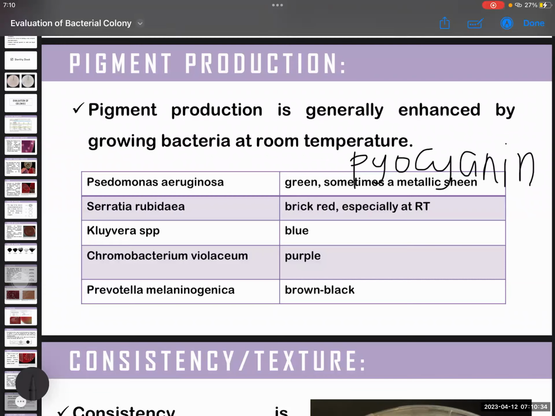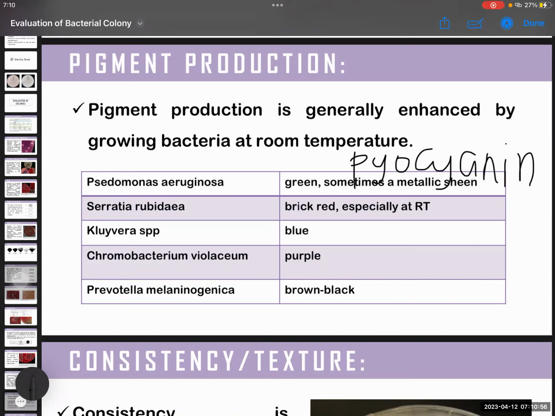There are some organisms that have different colors depending on where you're observing them. But anyway, let's focus on what we can readily observe. Right from the get-go, once you take it out of the incubator, you can see it. No need to use anything else, and that is what we are discussing right now.